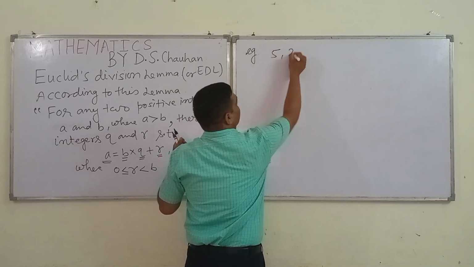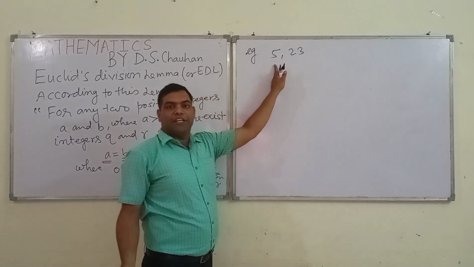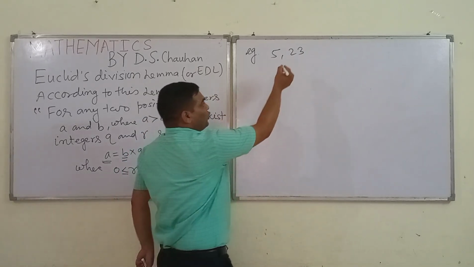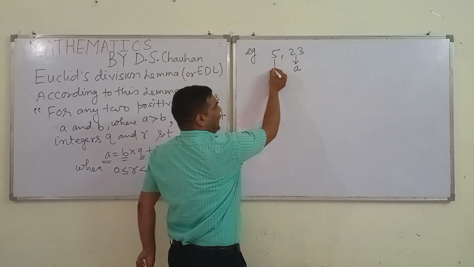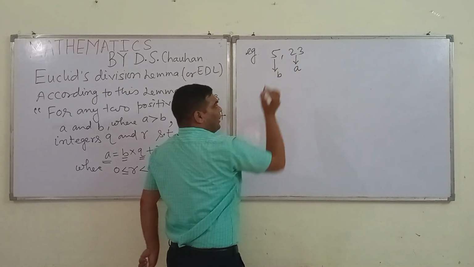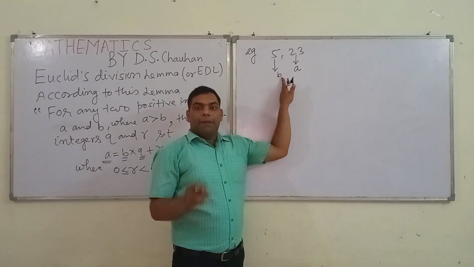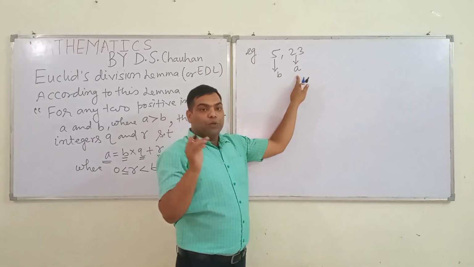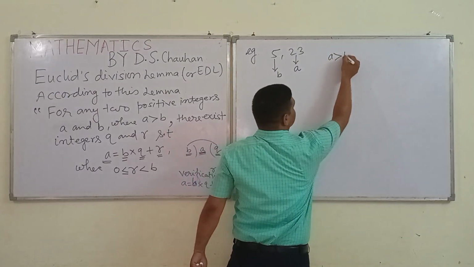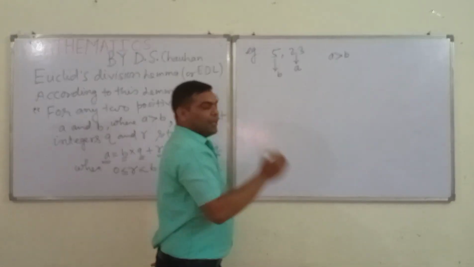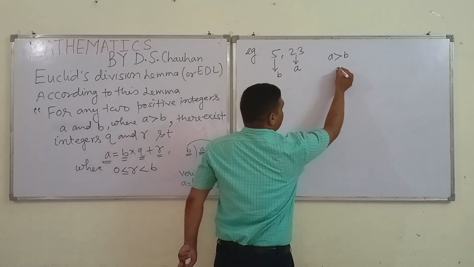Say for example, we have taken two numbers, 5 and 23. You try to understand, students. The big number we will consider as a, and the small number we will consider as b, because in the concept of Euclid's division lemma we have to take a greater than b.